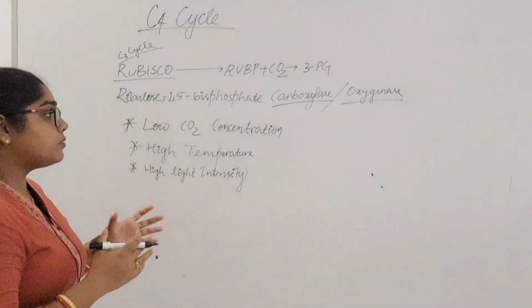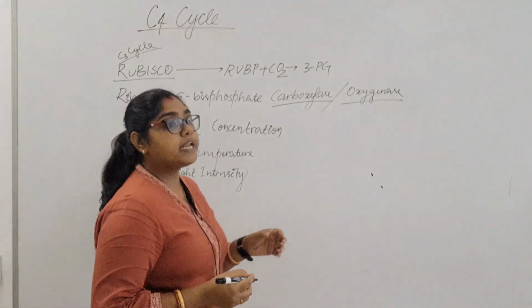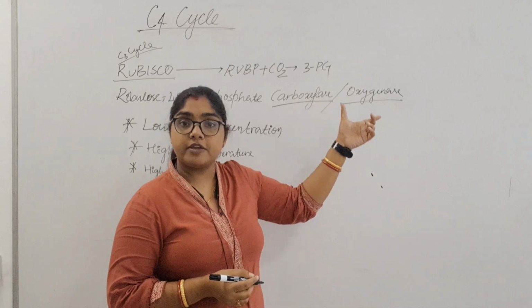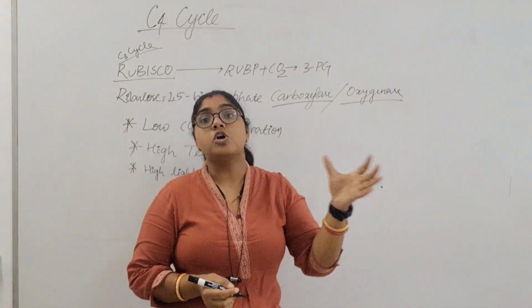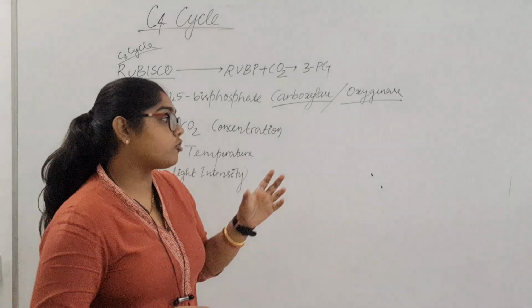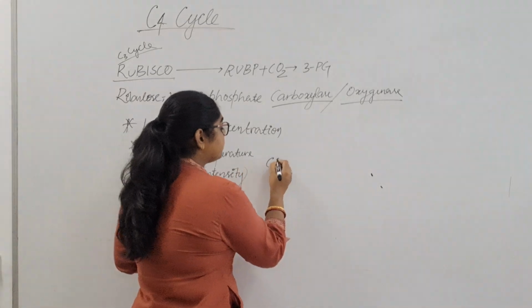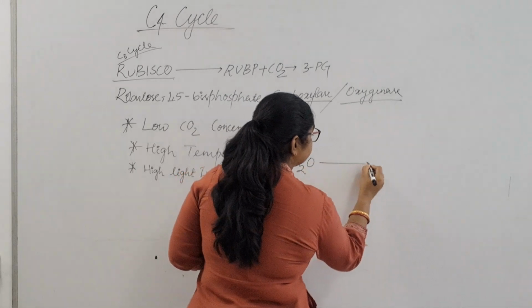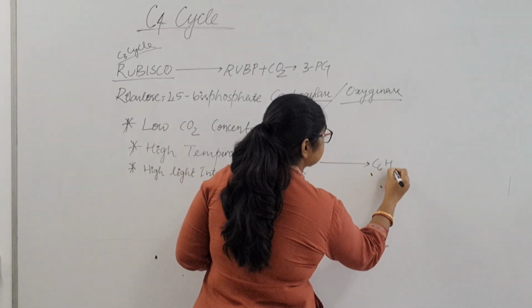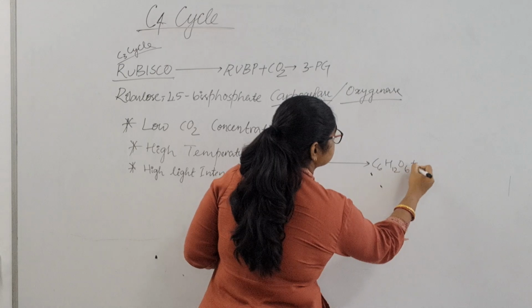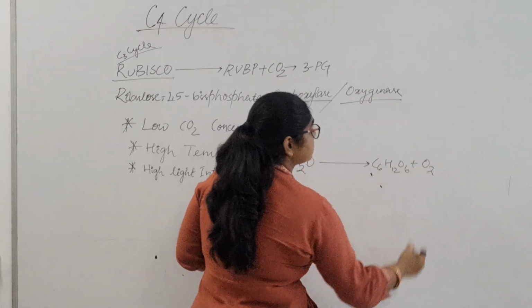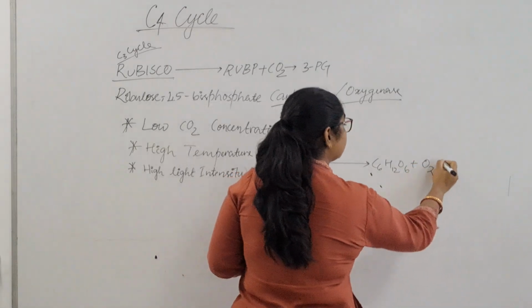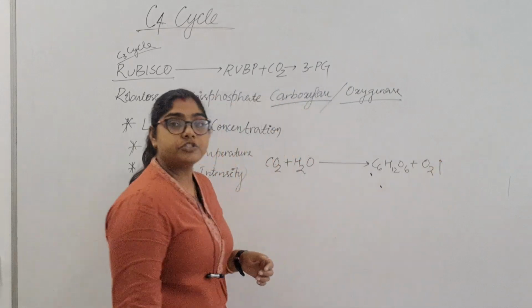The job of RuBisCO is to carboxylate ribulose 1,5-bisphosphate to produce sugar in the end. The photosynthesis process is carbon dioxide with water producing glucose and releasing oxygen.